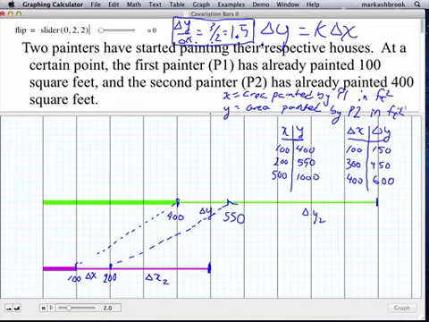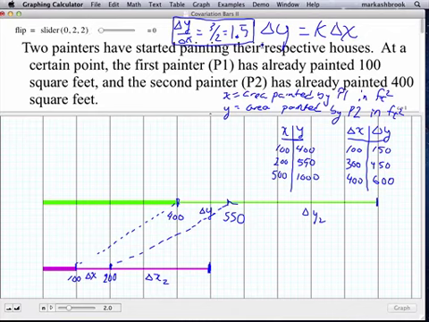Could you take the inverse of that and say that painter 2 paints 2/3 as fast as painter 1? Try it again. Yeah, you could. But who paints 2/3 as fast as who? Painter 1 paints 2/3 as fast. Sure, that's right, because delta x over delta y would be 2/3, meaning that painter 1 paints 2/3 as fast as painter 2.